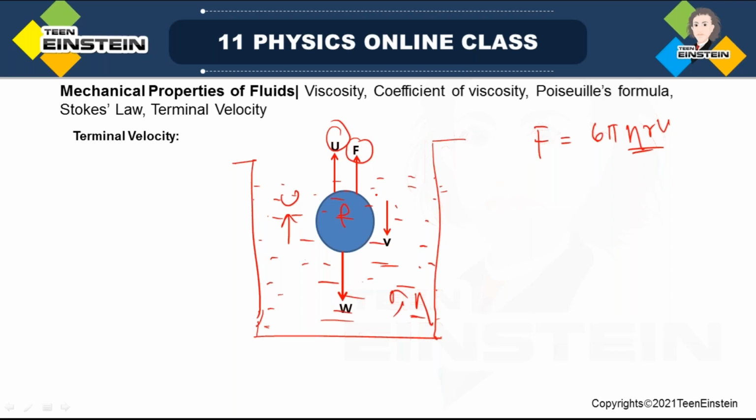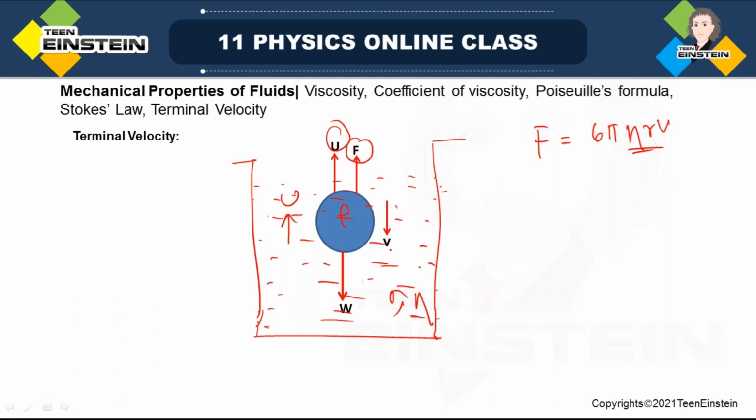Only the weight of the body acts in the downward direction, vertically. So the weight acts downward, and the other two forces, upthrust and viscous drag, act upward.